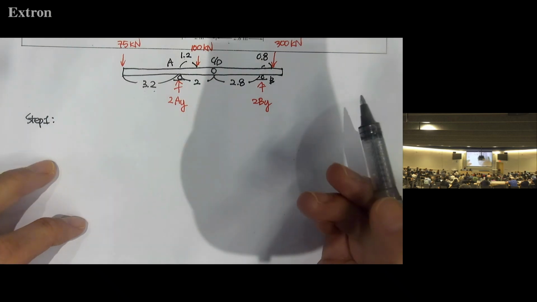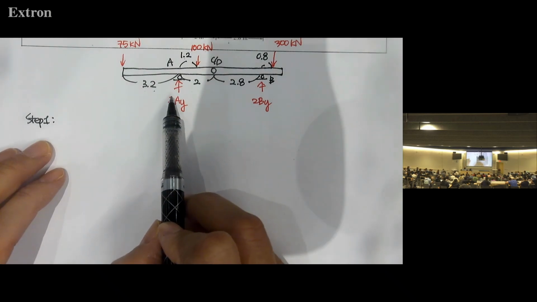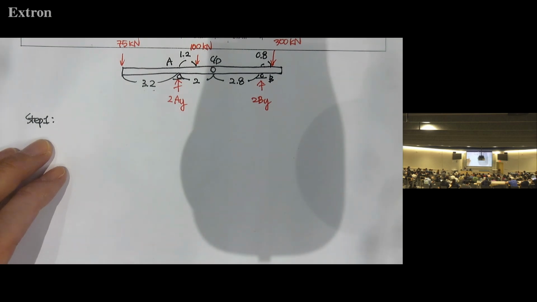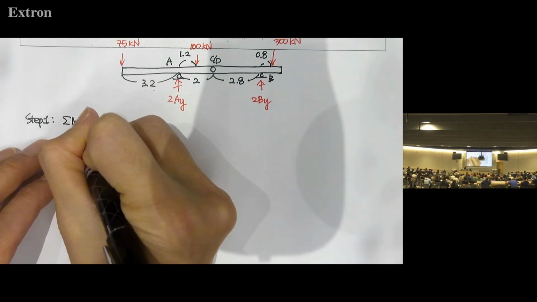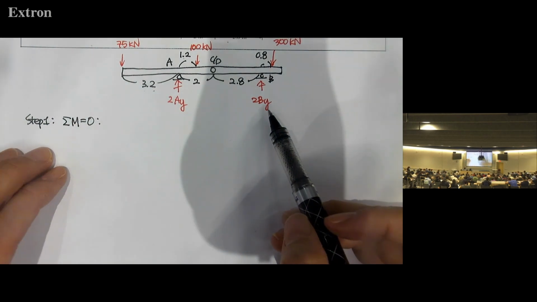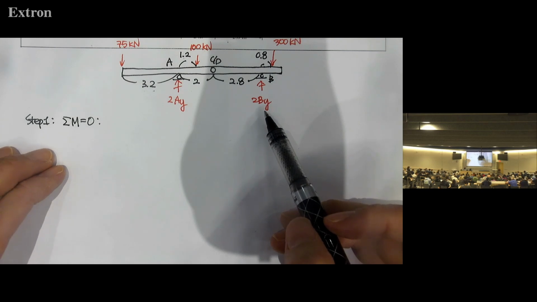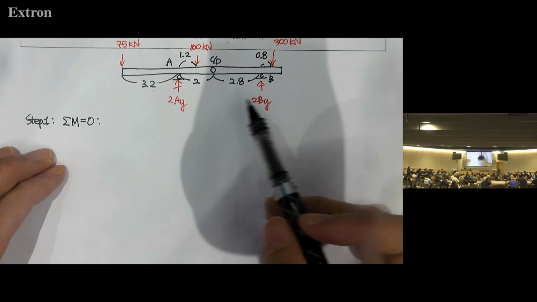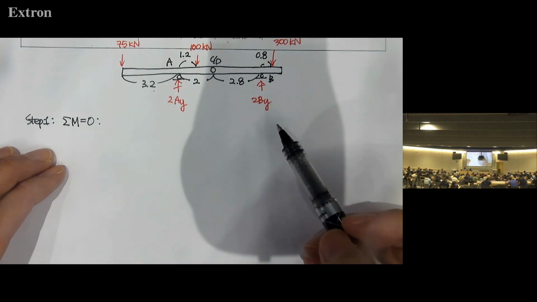The equations we have are the same: moment, force X, force Y. For the moment equation, which point would you use as reference? We have only two choices, A or B. Either point is fine.